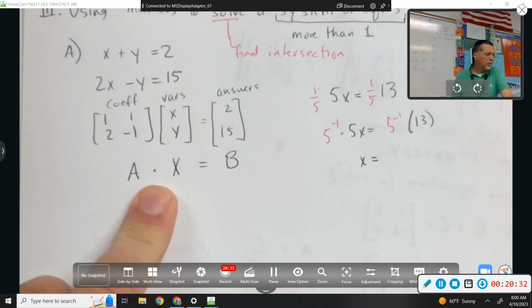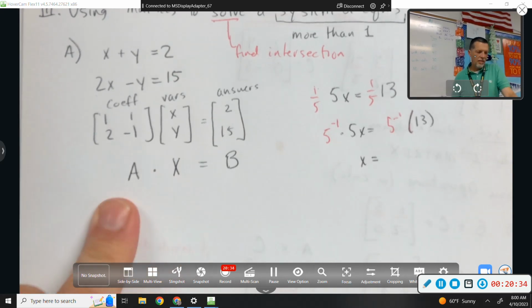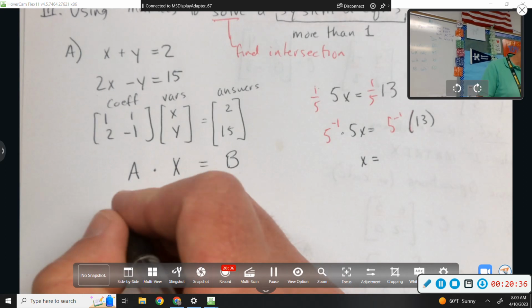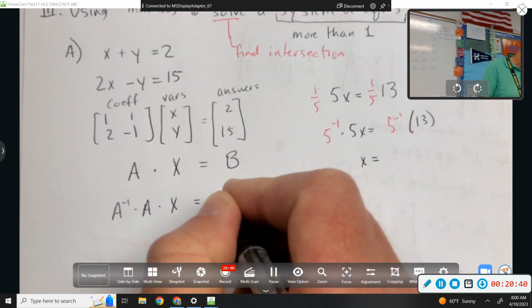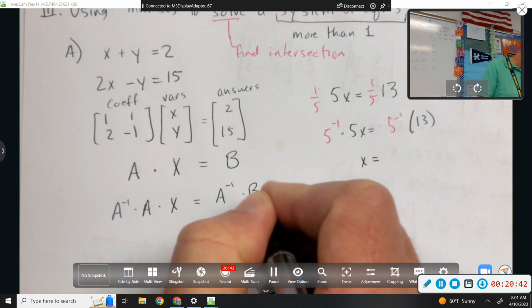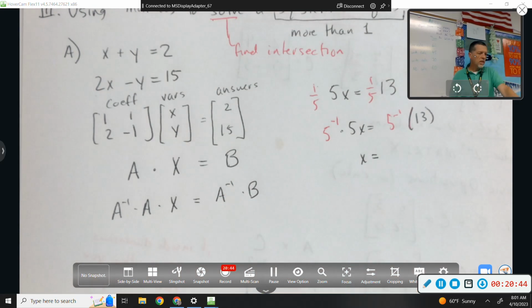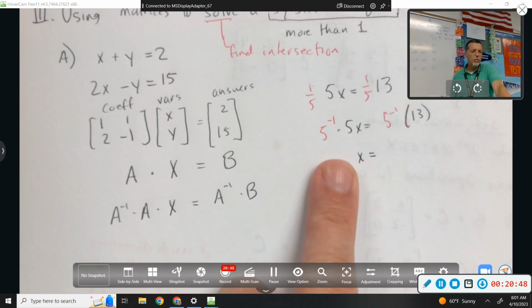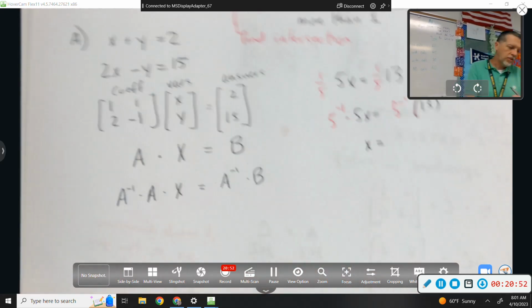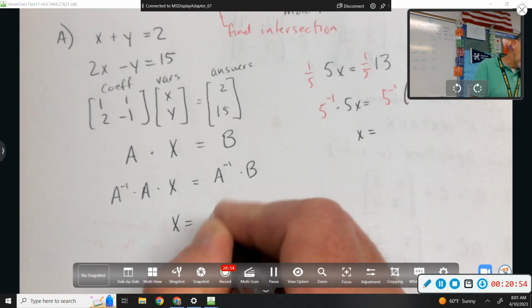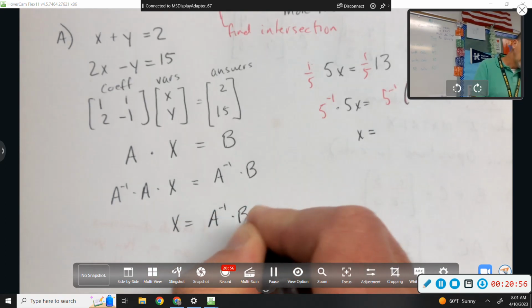And what you'll multiply by is A to the negative 1. And just like 5 and 1/5 cancel each other out, A inverse and A cancel each other out, and you're left with x equals A inverse times B.